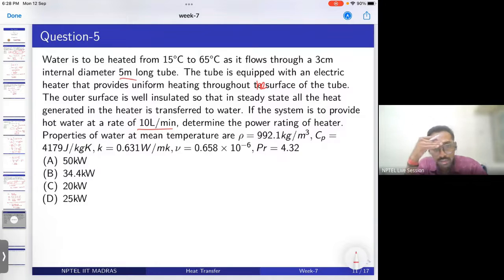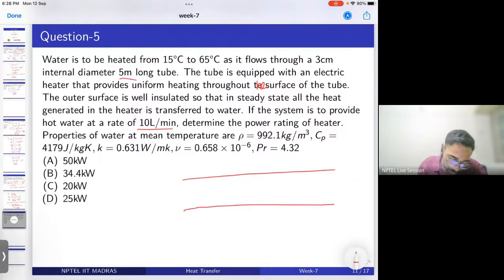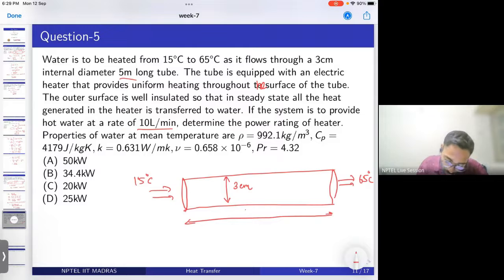This is also a simple question, like all the similar questions I already discussed in the previous session. So I just draw the schematic. We have a pipe. It should be heated from 15 degrees Celsius to 65 degrees Celsius, and the internal diameter is 3 centimeter and it's a 5-meter long tube.